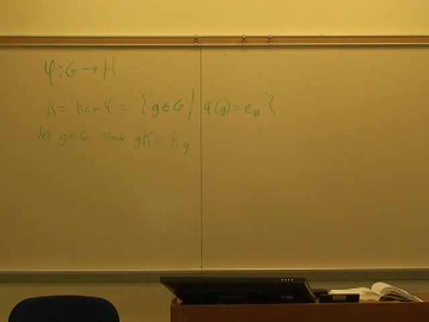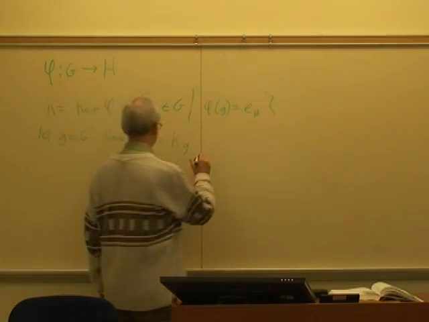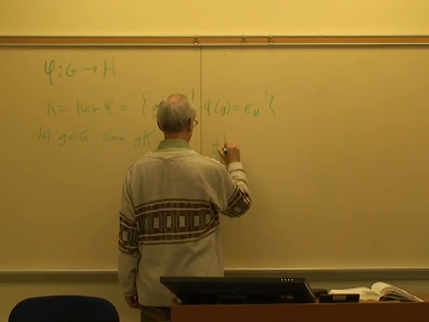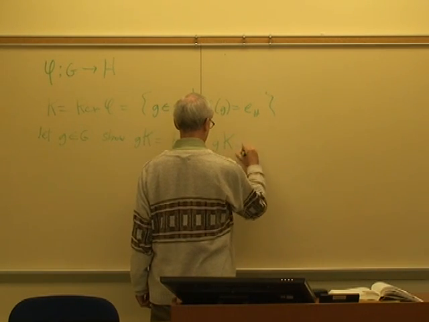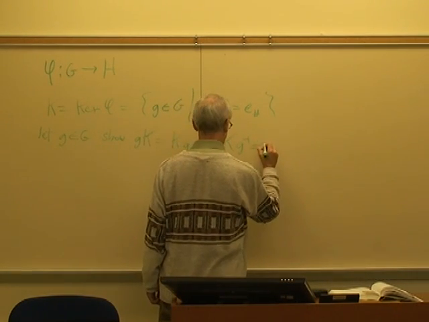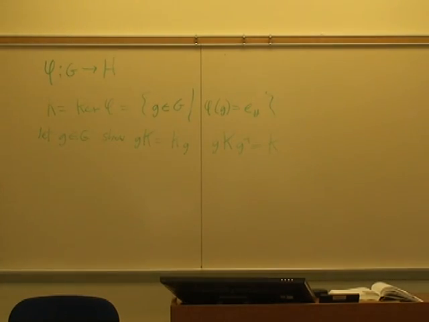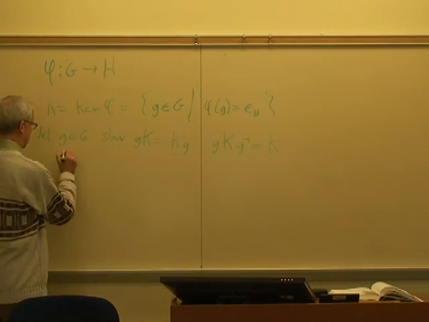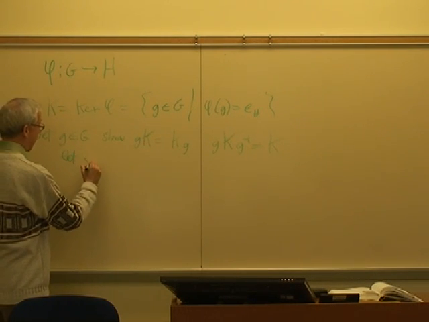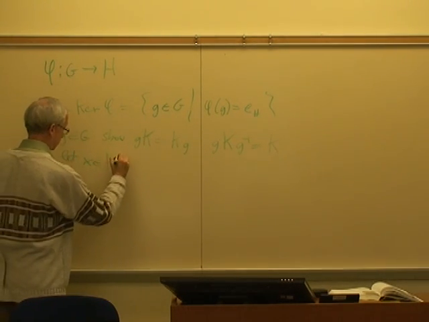Or equivalently, as our textbook points out, you can do this kind of math, and this is the one we're going to use. So let x be an element of my kernel.